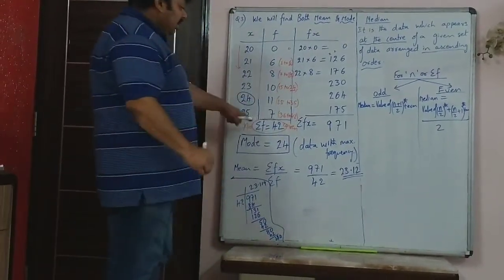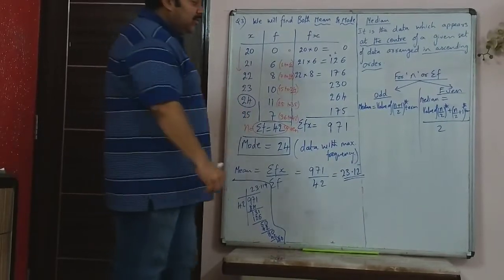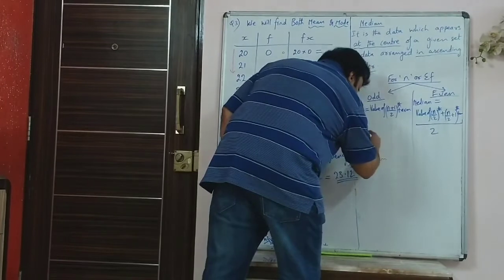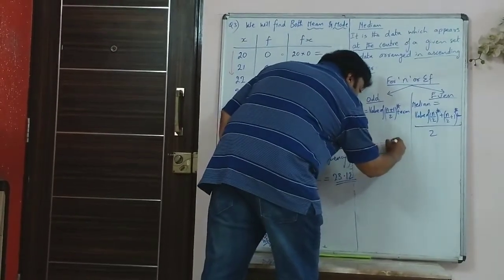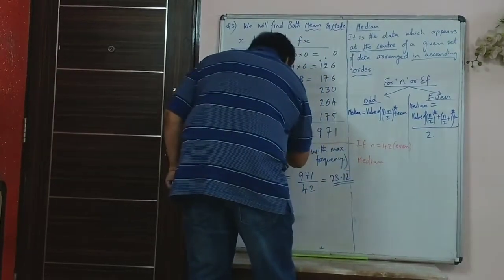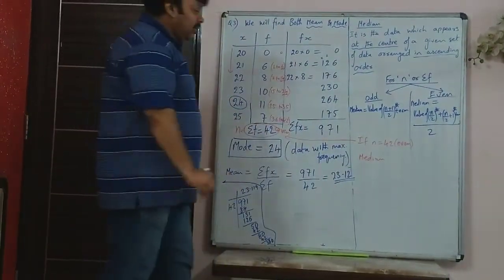Now here, with respect to this example, the median would have been, if n is 42, that is even. I am talking with respect to this particular example.